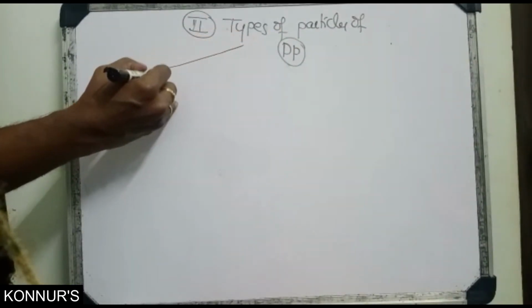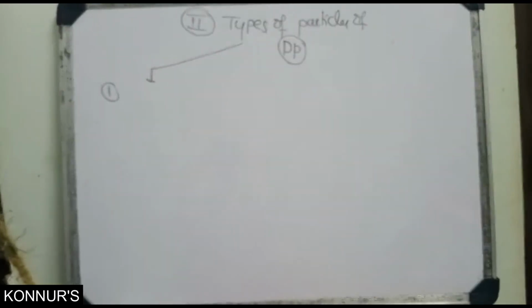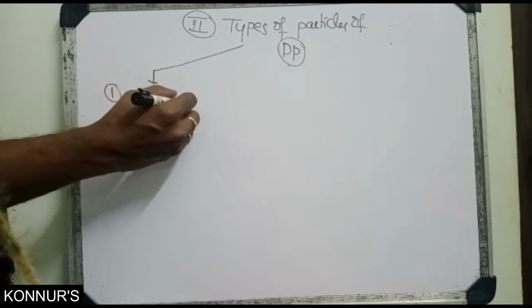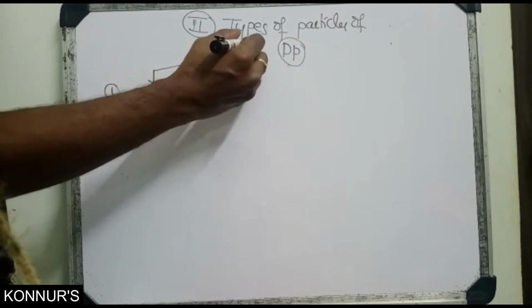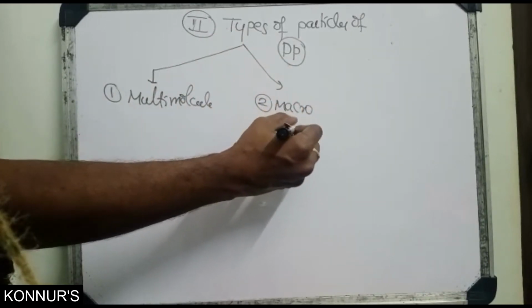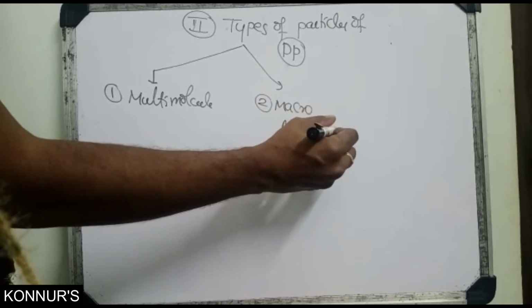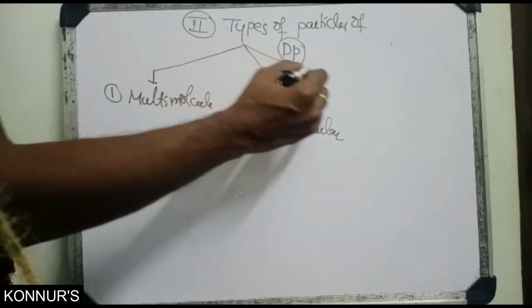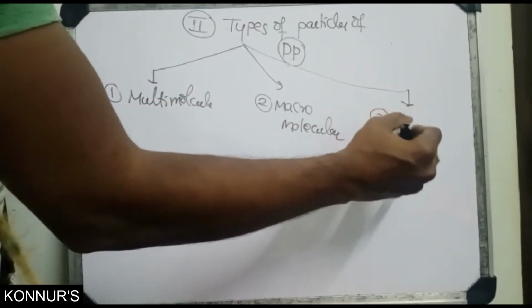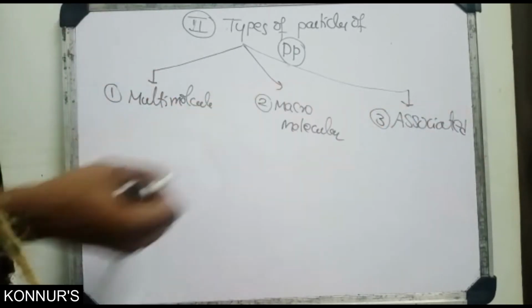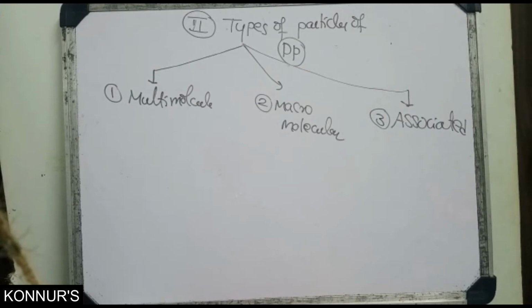Again, these are multimolecular, second macromolecular, and third associated sols, otherwise colloids.